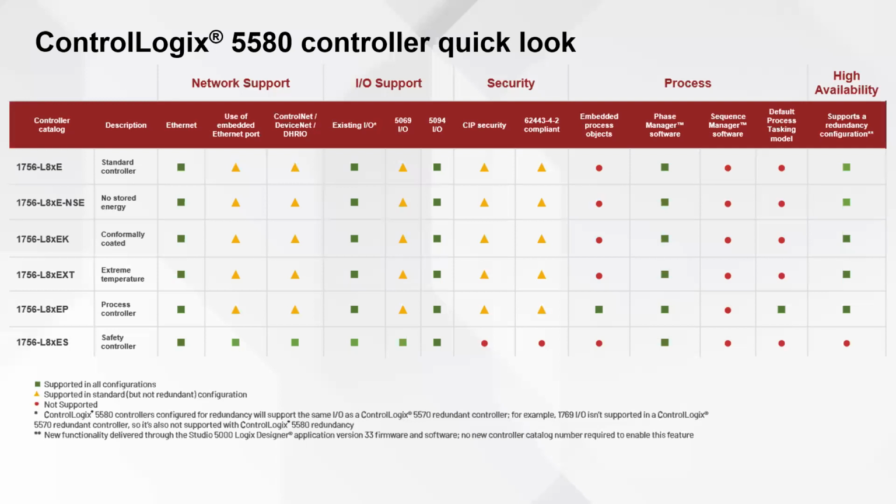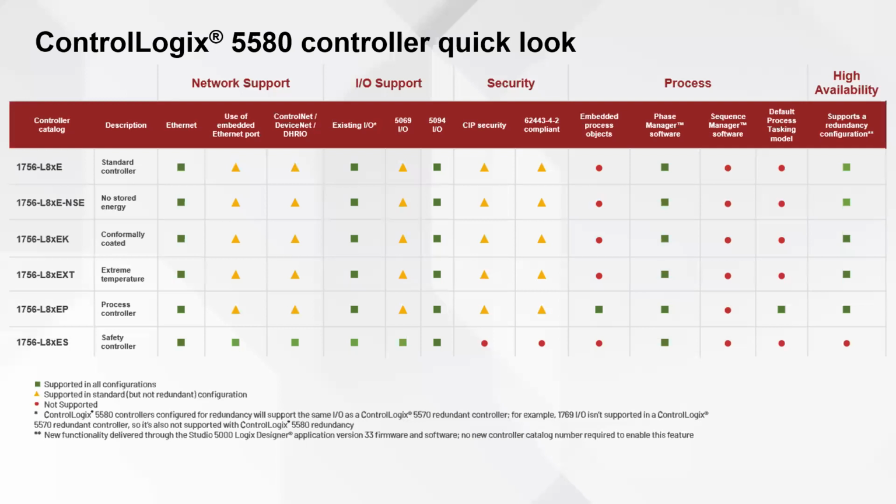So the L7 and the L8 take advantage of that capacitor, that stored energy device built into the processor itself. Well, in certain circumstances, such as hazardous, explosive environments, you may not want that capacitor sitting there.